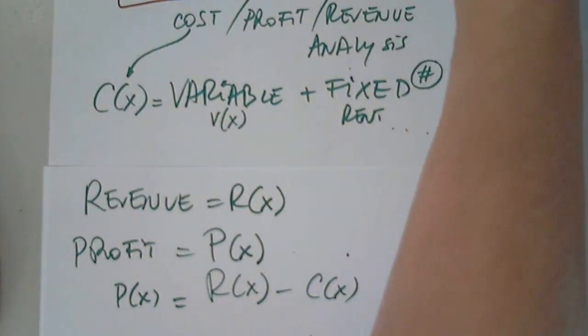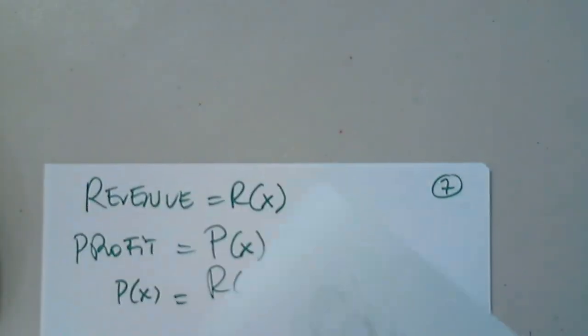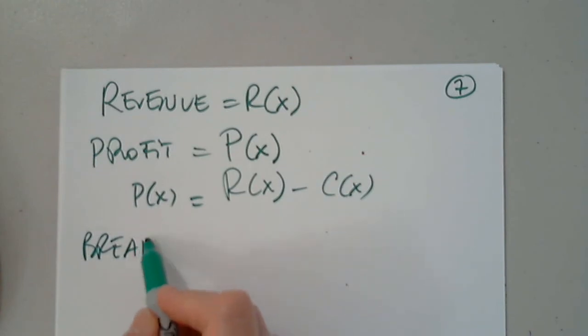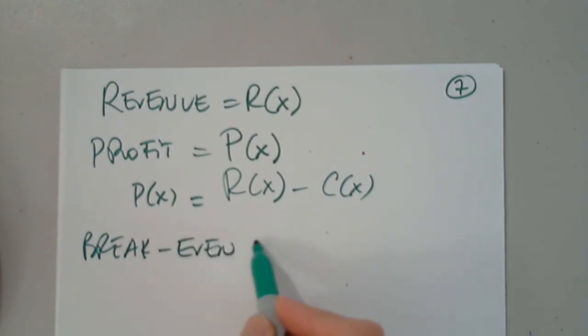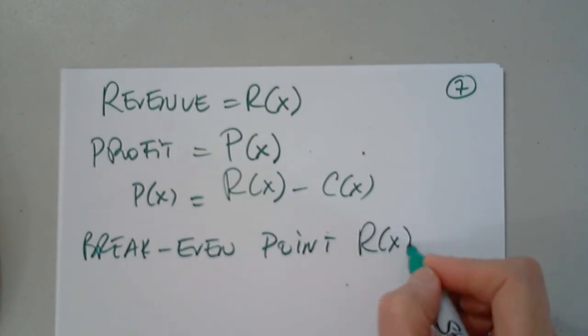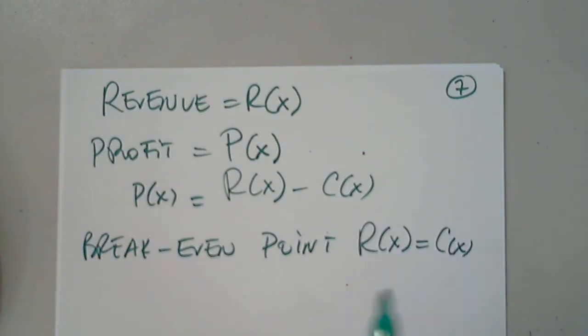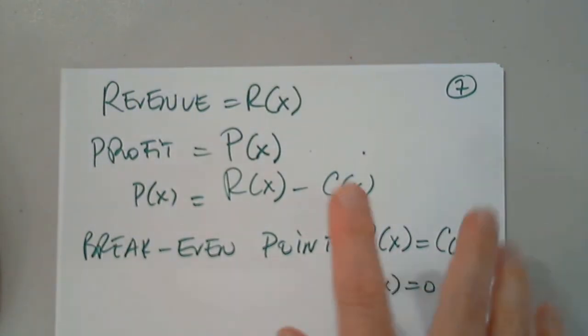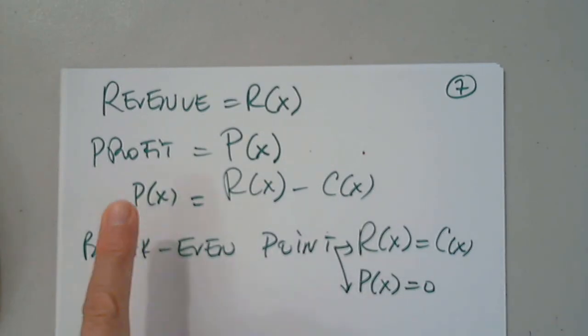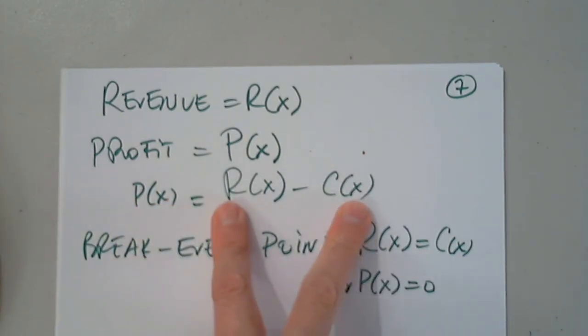There is something called the break-even point. When the revenue equals the cost, we are not making any money, or when the profit is 0. They both mean the same thing. If these are equal, of course this is 0. If this is 0, of course these are equal.